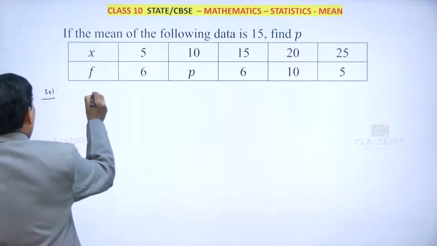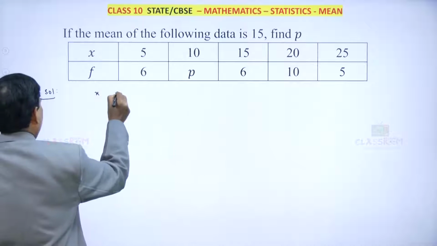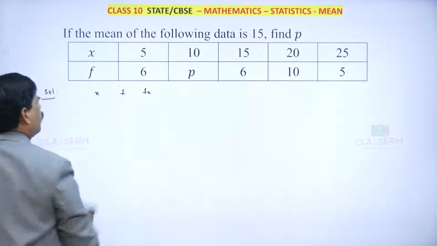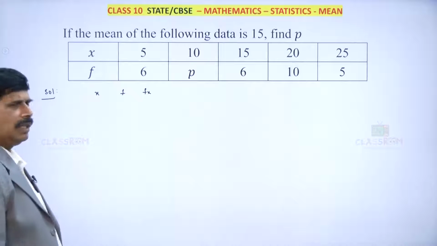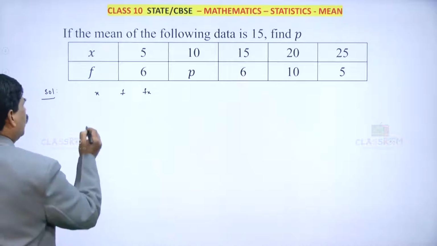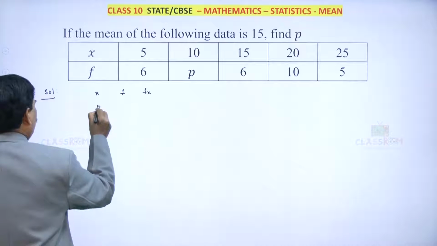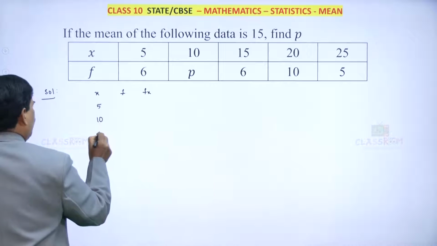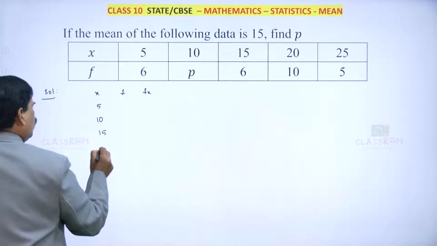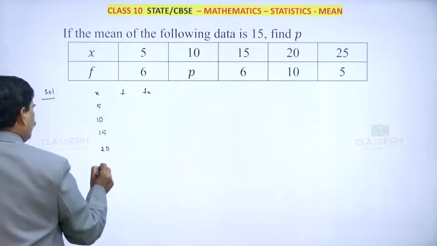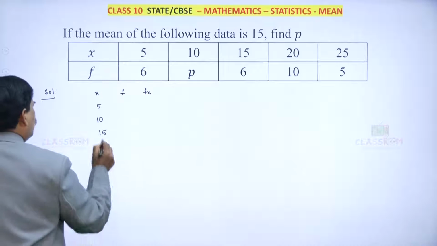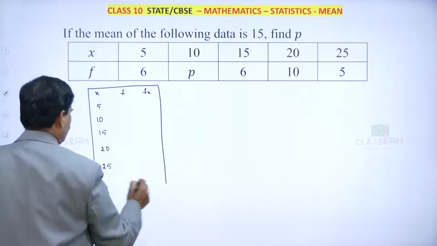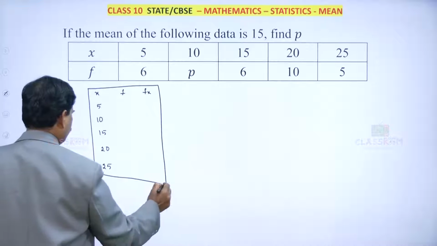So same, first you make a table children, you take x, f and then fx. Is it clear? So now x is 5, 10, 15, 20, 25. So better you make one table children to avoid the confusion.